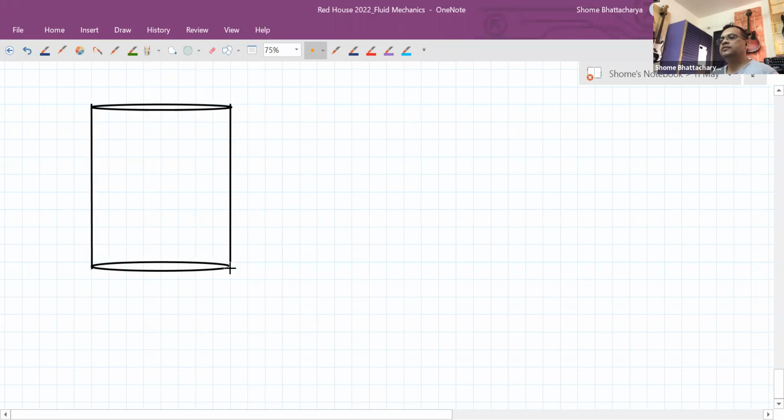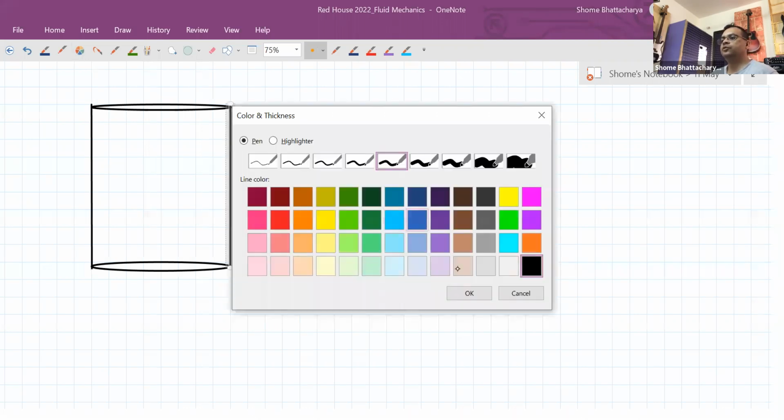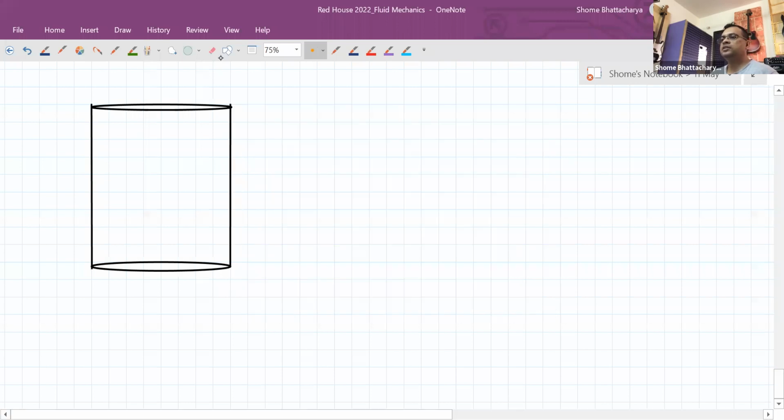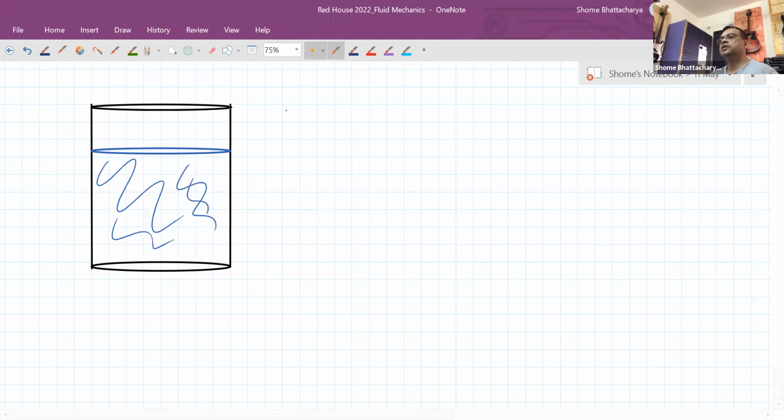So we have to basically reference that point in terms of its y coordinate with respect to the surface of the fluid. Because if it's an open surface, we know that the pressure at the open surface will be equal to atmospheric pressure. So our reference for pressure becomes the atmospheric pressure, which is at any surface. So this is an open container.